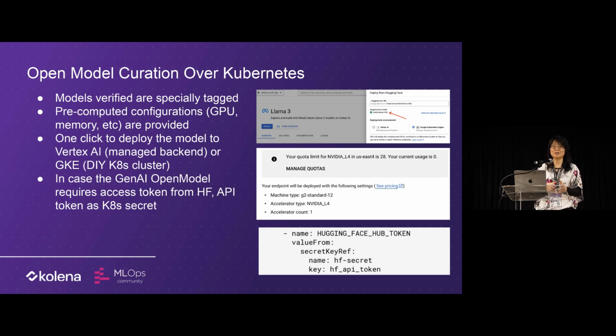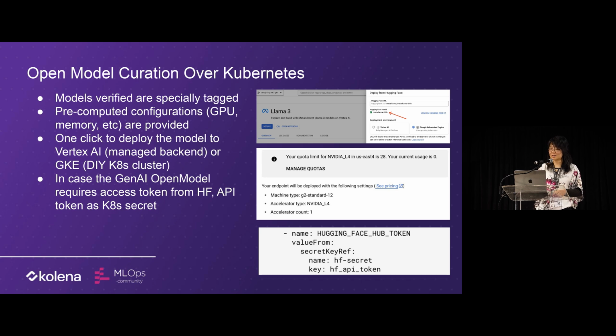So for the past few months, what my team has done is build an automation pipeline where we are able to pre-compute. We curated roughly 400 top open models for all of the customers. If you pick Llama 3 or any model which we verified, there will be a green tag showing you this model is one you can trust.